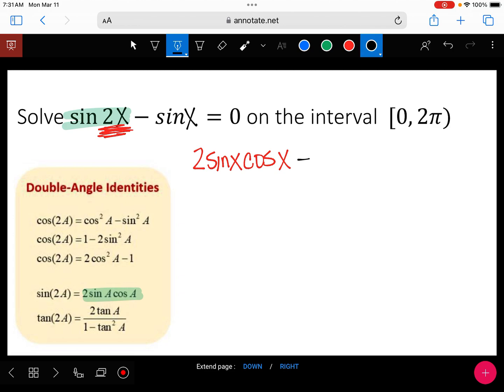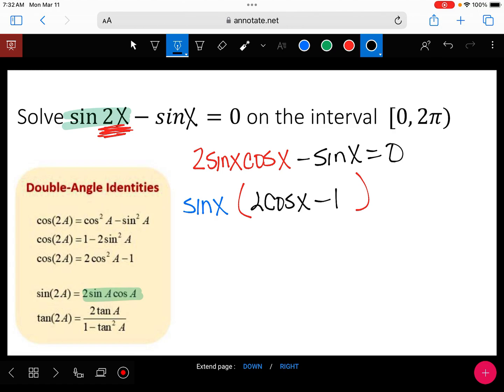And then I'm going to write the rest. All right, and from there, it should be really simple. You're going to take out your GCF, which is what? Sine. Which is going to leave you with 2 cosine x minus 1. And go ahead and set both of these equal to 0.